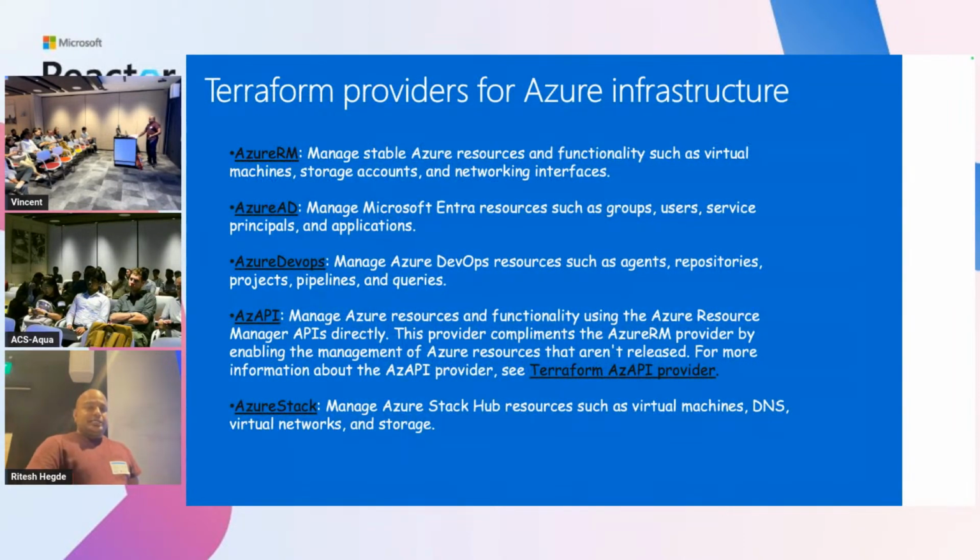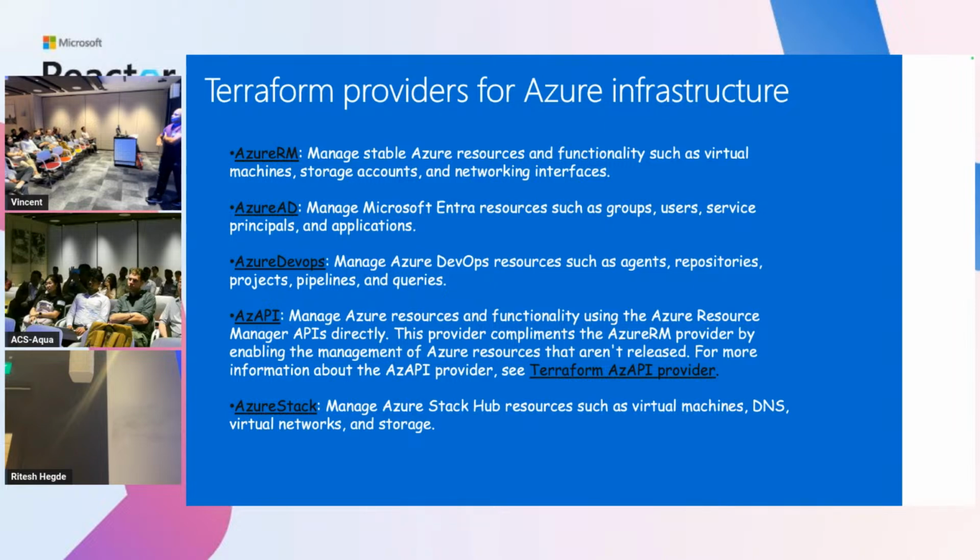We talked about providers. So what providers do we have? We have Azure RM, Azure AD, DevOps, API, AZ API, Azure Stack. The names are quite explanatory, but one thing I would like to inform is about AZ API.